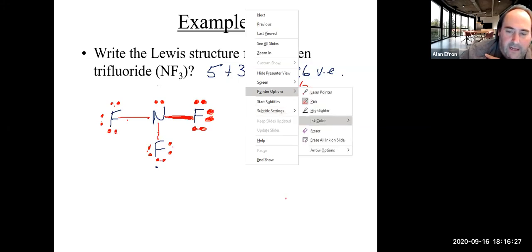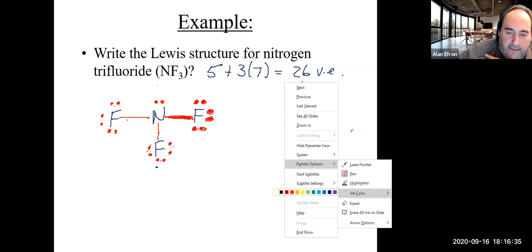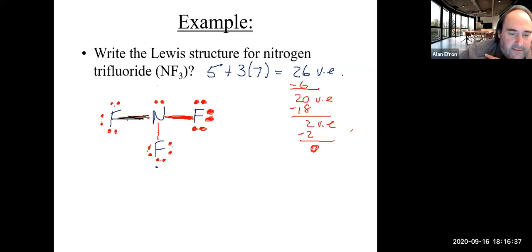And our atom in the middle also has 8 if we count it up here. Again, this is 2, this is 4, this is 6, and now this is 8 for our nitrogen. So all the fluorines have 8, nitrogen has 8. That would be the correct Lewis structure there. Again, all single bonded, no double bonds happening there.